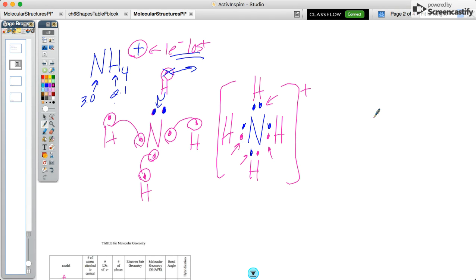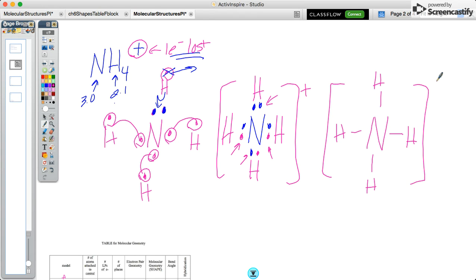The truth, though, is when I go to draw this Lewis structure, it's just 4 single bonds. And chemically speaking, there is no difference between the coordinate covalent bond and the regular single covalent bond. Coordinate covalent bonding is just a way for us to try to explain behavior that is observed. Ammonium is clearly an ion that exists.